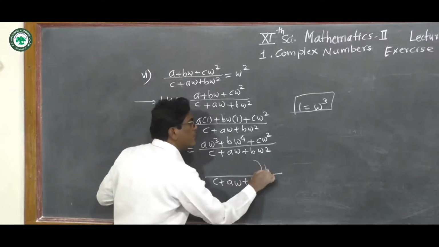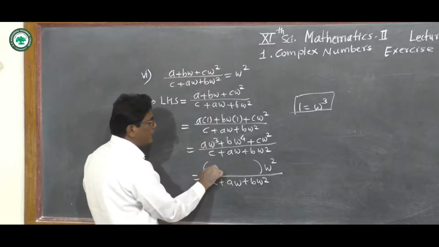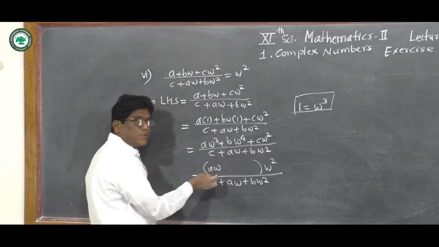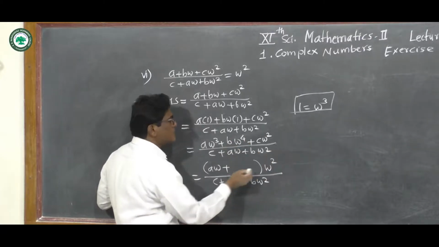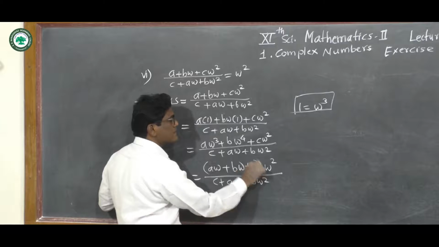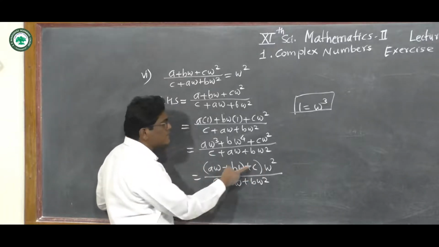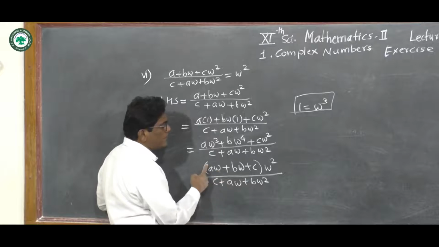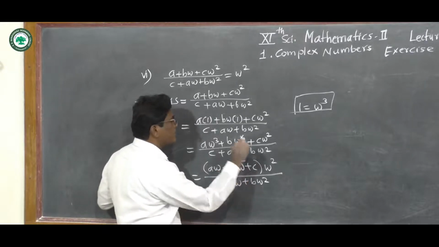We take omega square common. In the bracket, here A omega: omega square outside the bracket, so here remains omega. Plus B omega: omega square outside the bracket, so B omega. And here plus C. Now C plus A omega plus B omega square in the denominator and this bracket are the same.